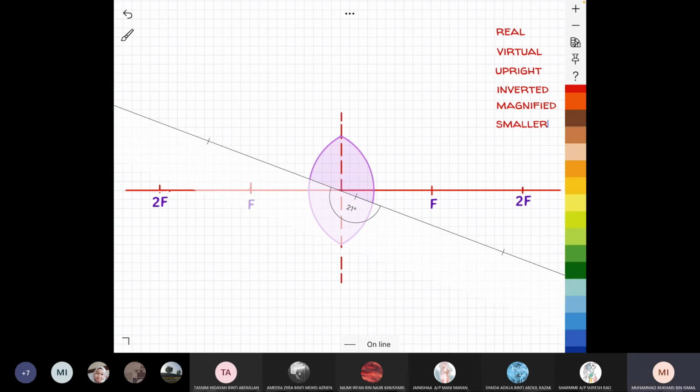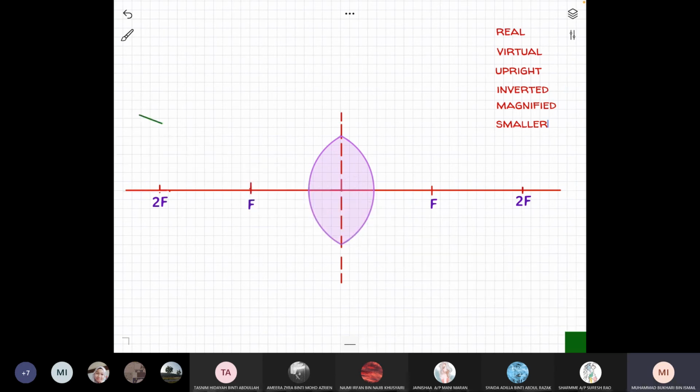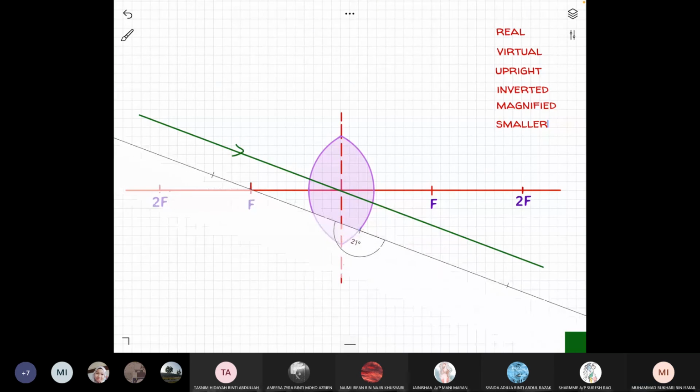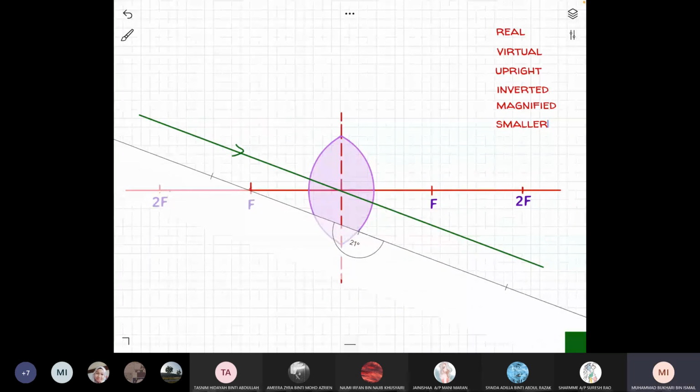We want to know where the image is formed. So draw a straight line like this. Remember, object from infinity means the object is very far away. So when the object is very far away, the lines of light are parallel to each other. So draw another parallel line.